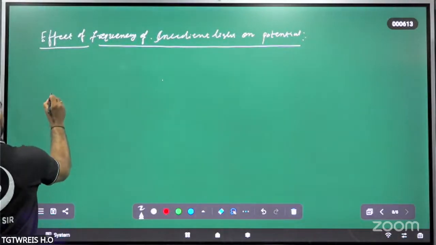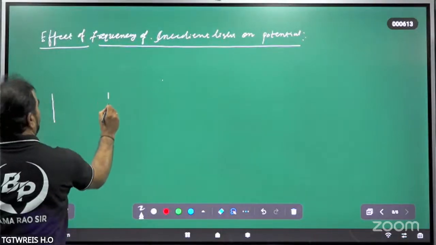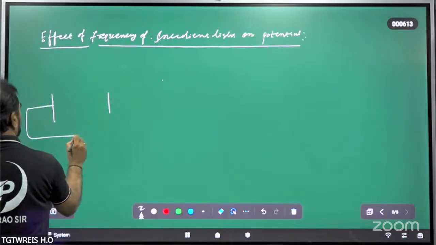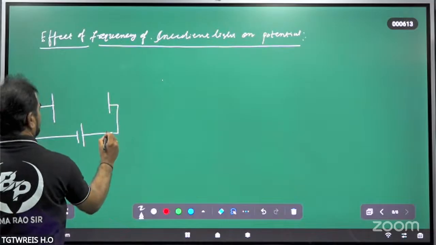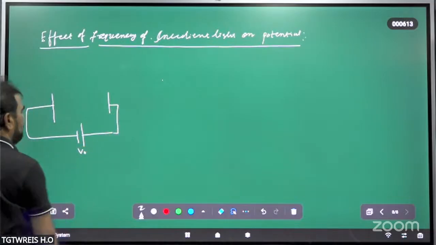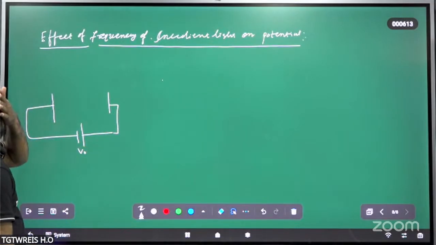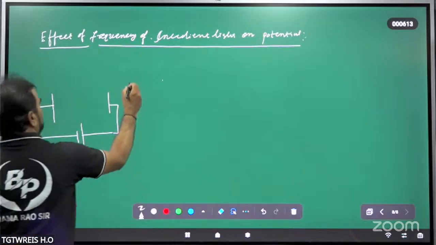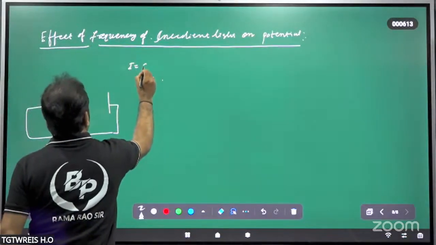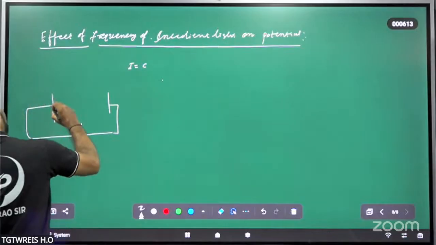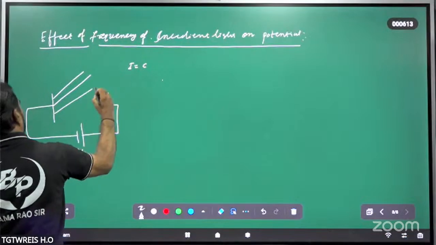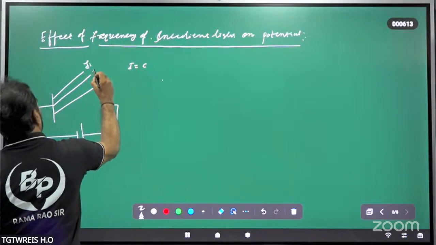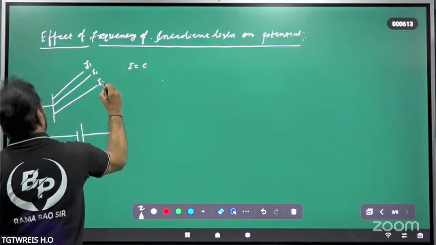So consider the same photoelectric experiment, which is connected to a certain potential like this, V naught. Here the intensity of light is kept constant. When the frequency of the light is changed, this is F1, this is F2, this is F3.